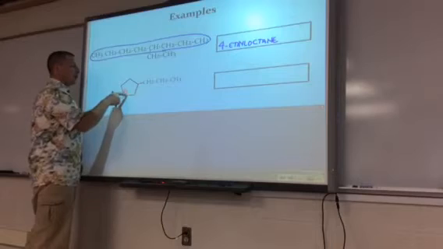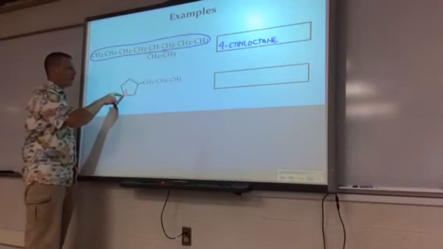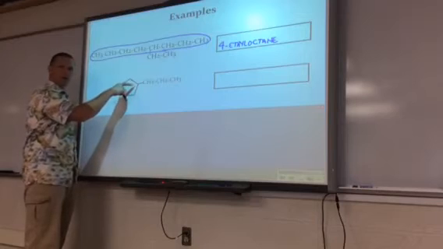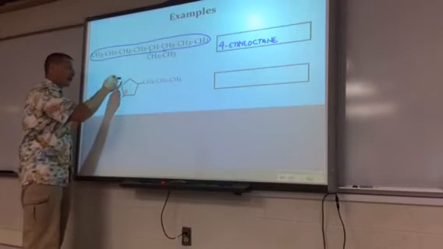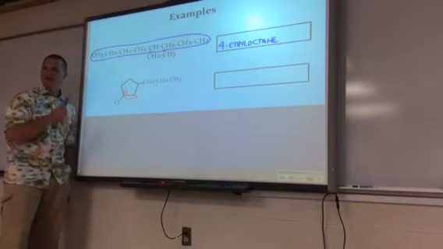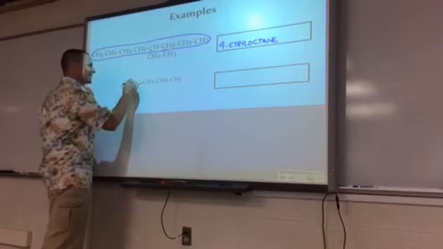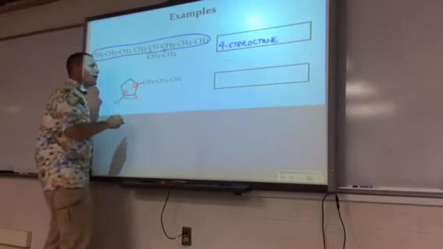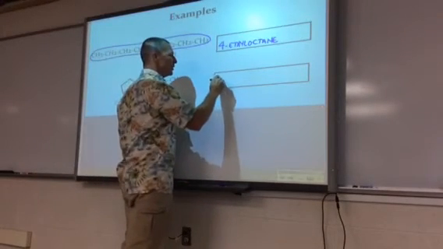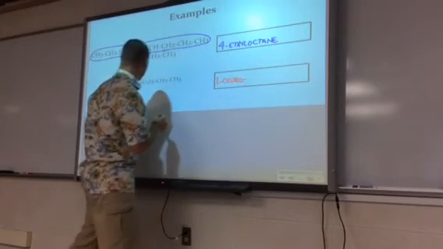If that's carbon number 1, what carbon is that one? 3. Could it be 4 if I went 1, 2, 3, 4? You could count that way, but it's wrong. You need to count this way because it's going to minimize the number. So that's going to be carbon number 3. So it looks like this. 1-chloro.